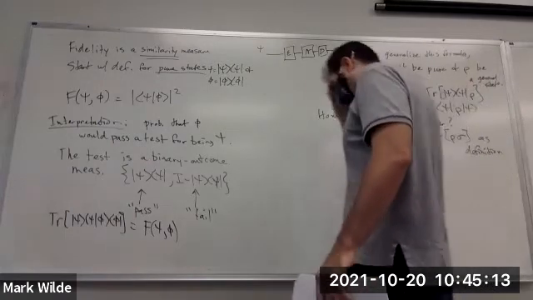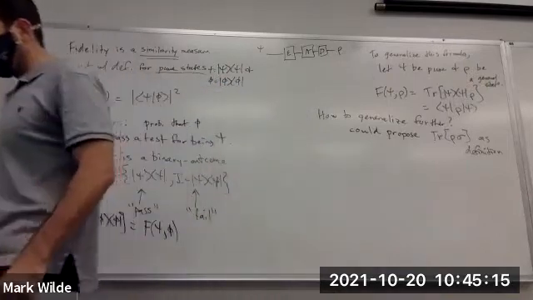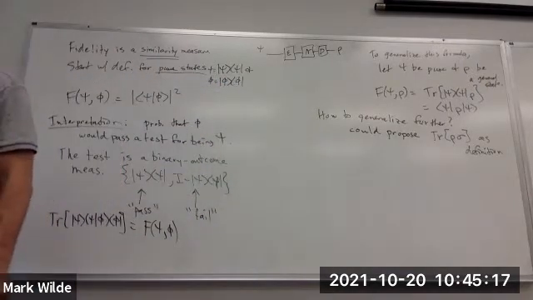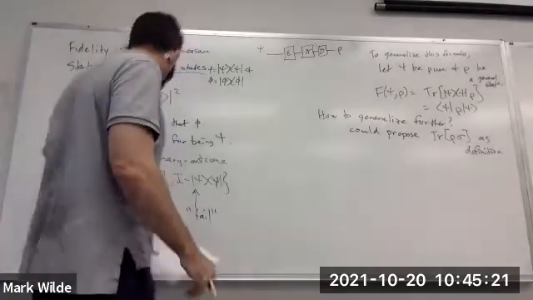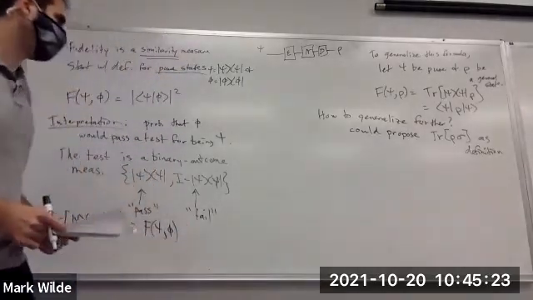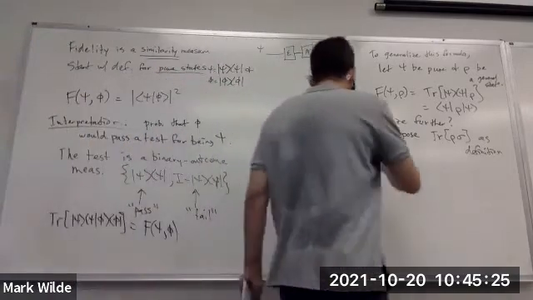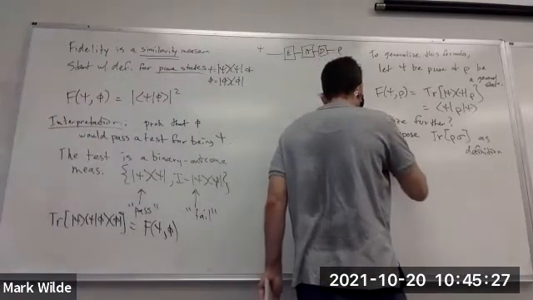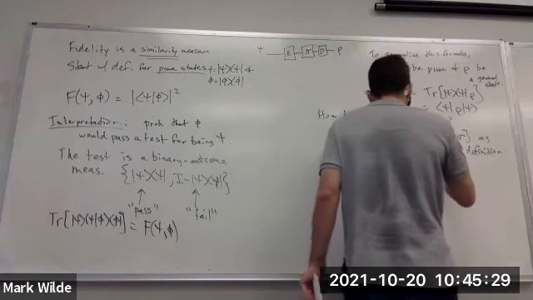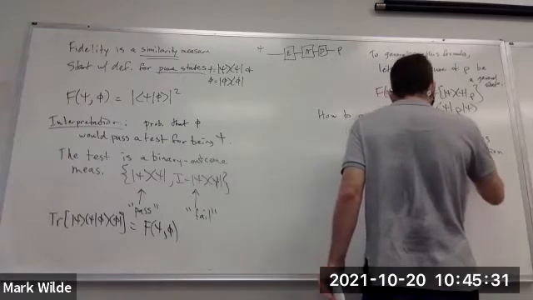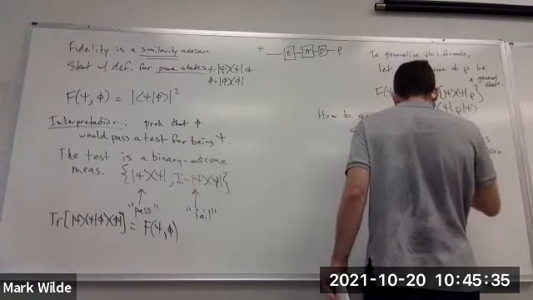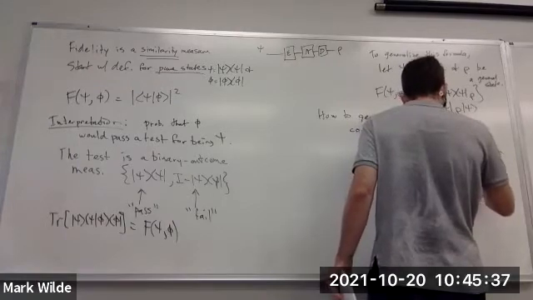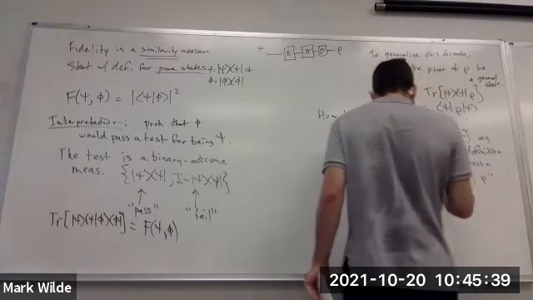And indeed, you could try to argue that this is somehow the probability that sigma would pass a test for being rho. And what would the test be?